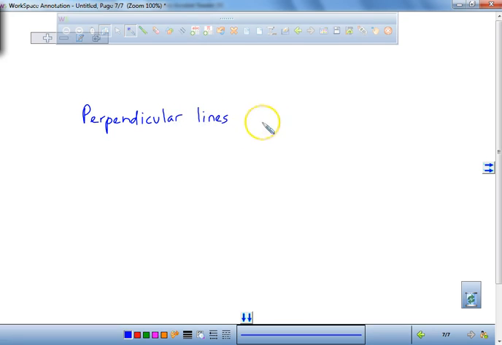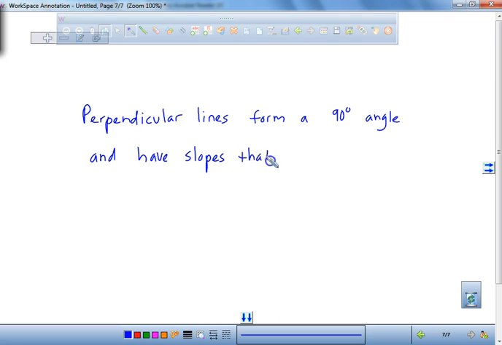Perpendicular lines form a 90-degree angle and have slopes that are negative reciprocals.